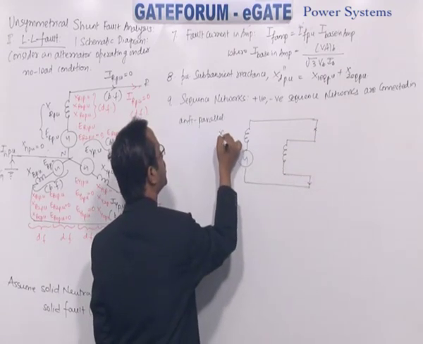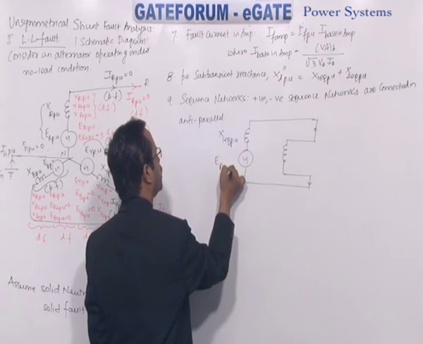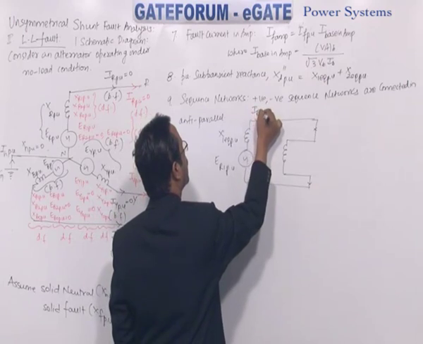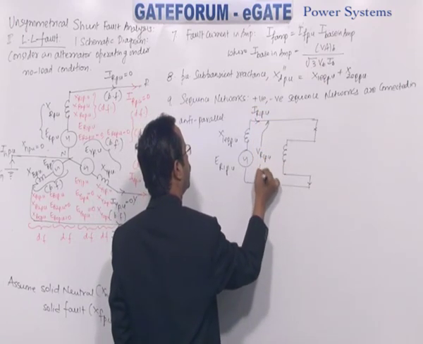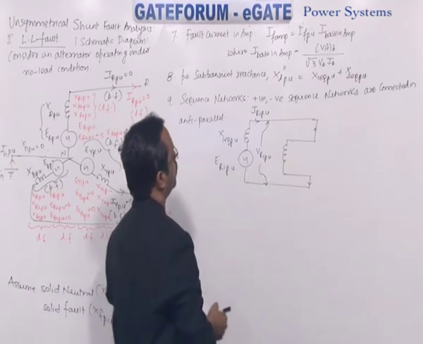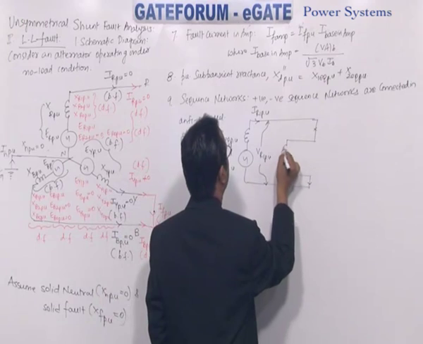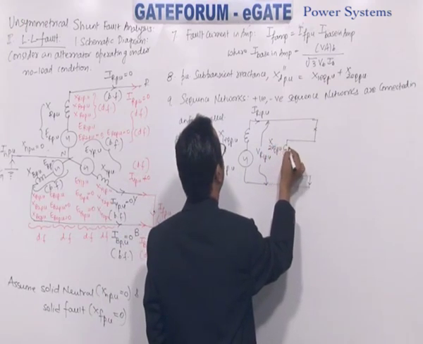So for positive sequence, X1 equivalent per unit, ER1 per unit. How much current? IR1 per unit, source terminal voltage VR1 per unit. What about this one now? The reactance X2 equivalent per unit.